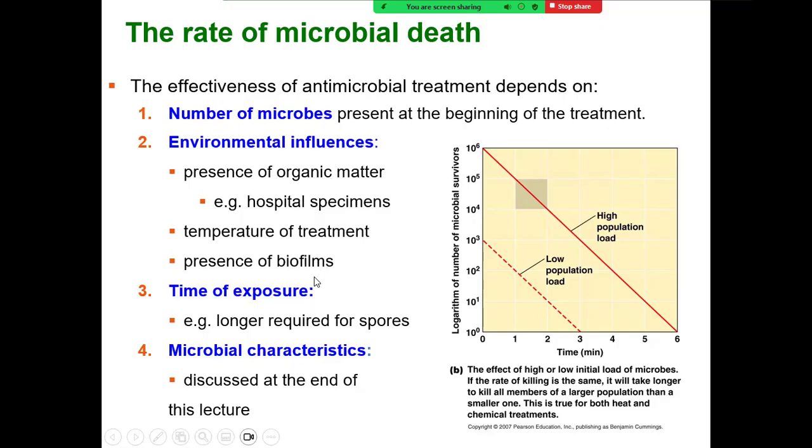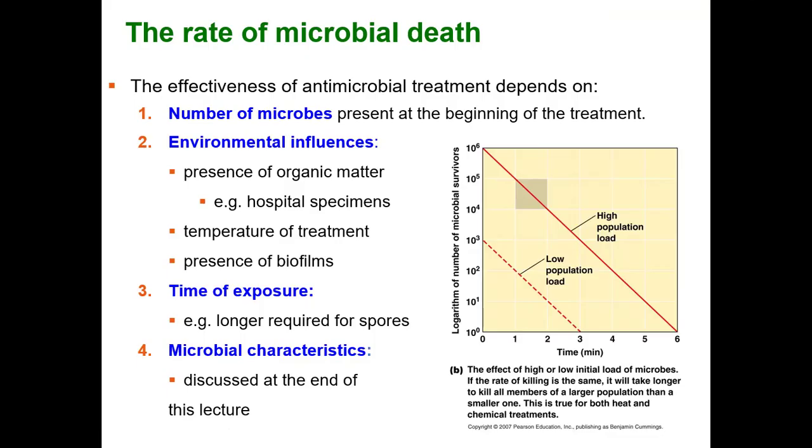All right, I've already mentioned that time of exposure can affect the microbial death rate. You generally need more time of exposure to kill off more cells. Also, you need a longer exposure time if you have something in the microbe that allows it to tolerate or survive your treatment.